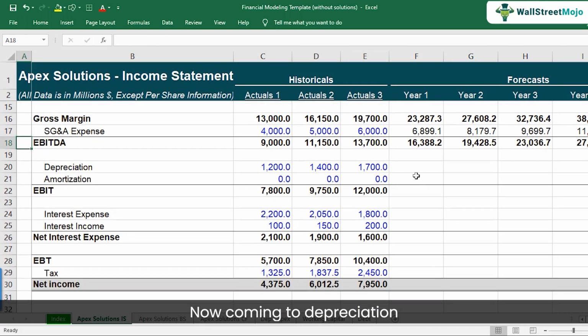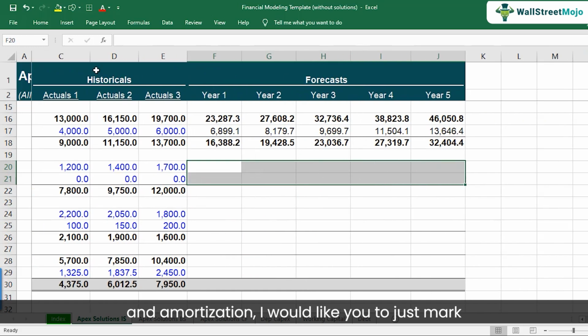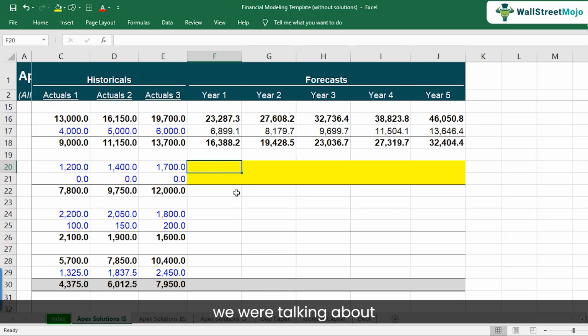Now coming to depreciation and amortization, I would like you to just mark this as yellow. You remember we were talking about the steps in financial modeling not being linear. So here I'm marking this as yellow. This means this will be done later. We will look at the depreciation and capex schedule, and then we'll calculate depreciation and put it here.